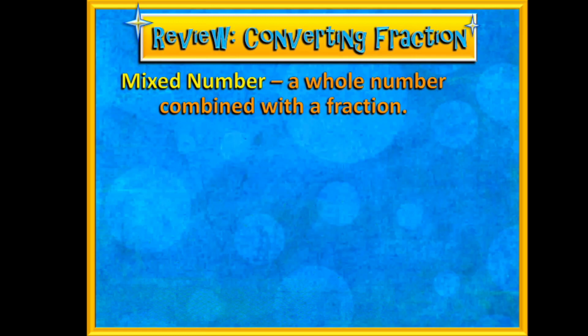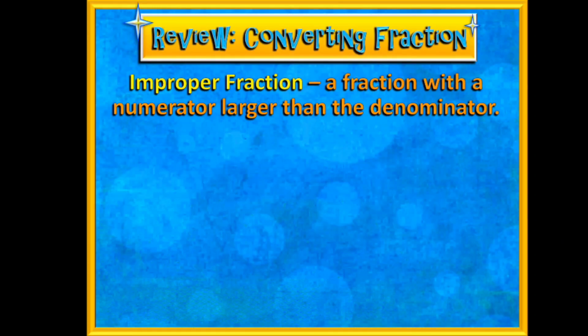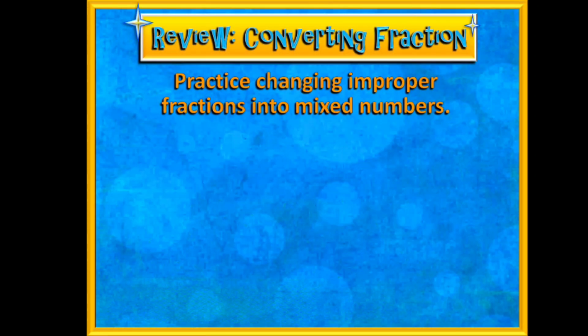Next is converting fractions. Remember that when you convert fractions, you have to understand first what is a mixed number and what is an improper fraction. A mixed number is a whole number combined with a fraction, and an improper fraction is a fraction with a numerator larger than the denominator. Let's try converting an improper fraction to a mixed number.